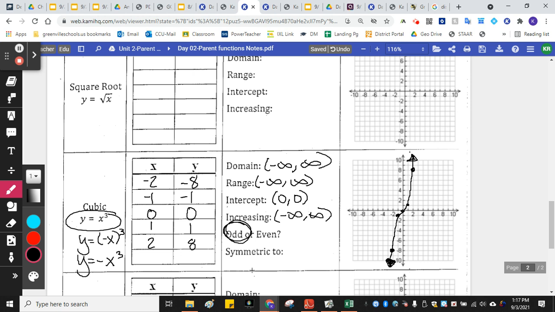This is symmetric to... If I reflect it over the x, then it's going to be up here. If I reflect it over the y, it'd be over there. If I reflect it over the x, it'd come down here. And if I reflect it over both, then this piece would lay on that piece. So it's symmetric about the origin.